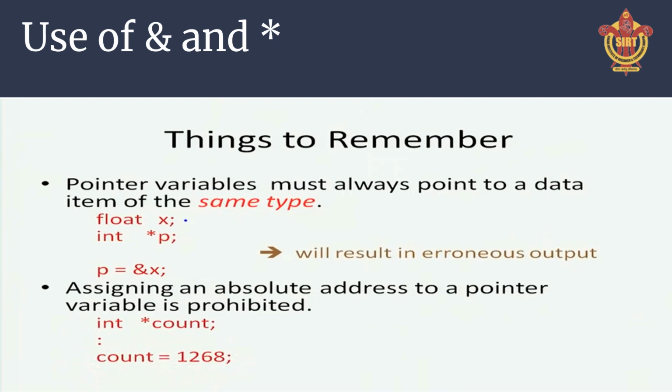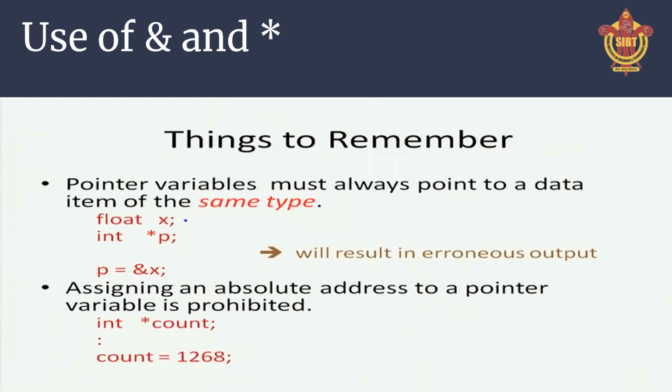The second most important thing here is that assigning an absolute address to a pointer variable is prohibited. It means we cannot store any constant value in the pointer variable. We have to give any address to this pointer variable through some variable name only.